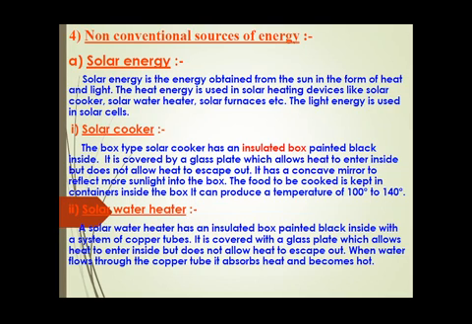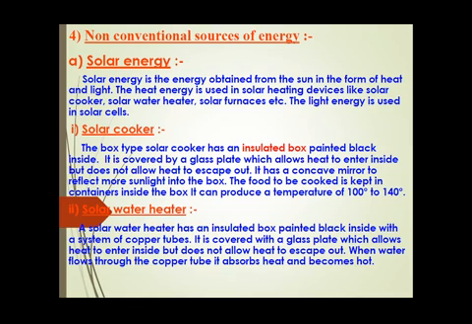The solar cooker is covered with the glass plate so that whatever heat energy is entering inside the solar cooker, or the insulated box, it should not pass away or escape out. And to prevent this escape of heat, the solar cooker is covered with the glass plate.